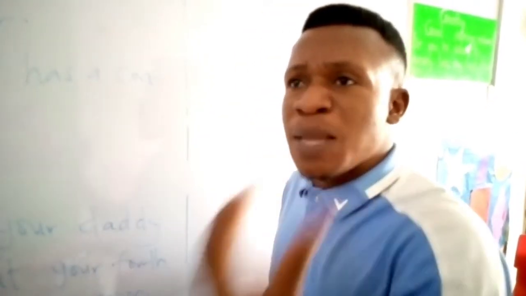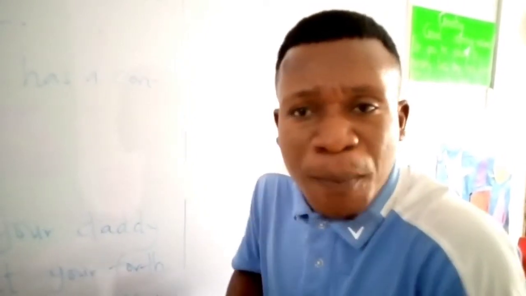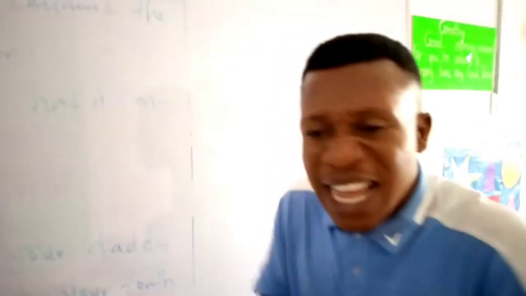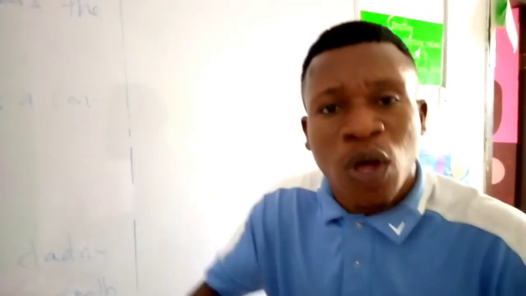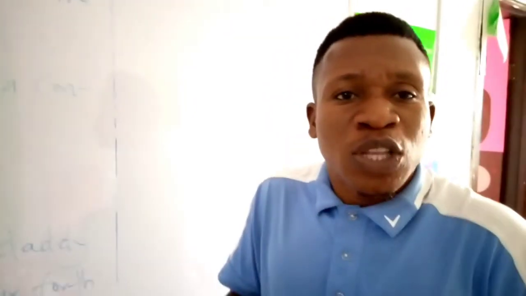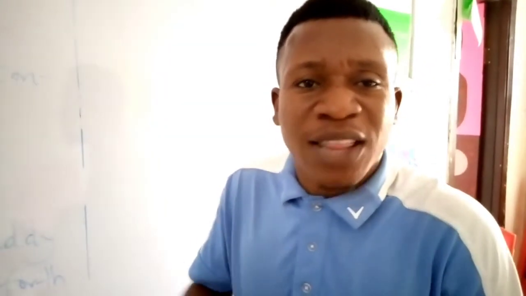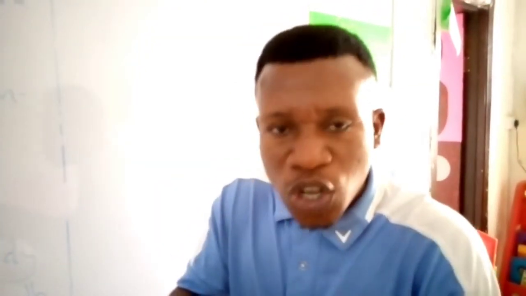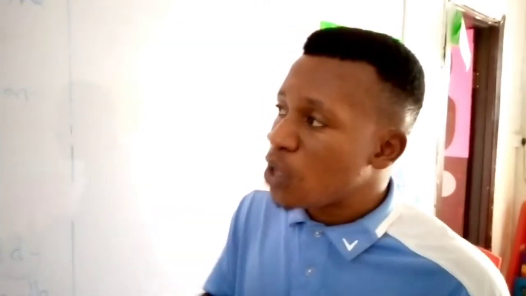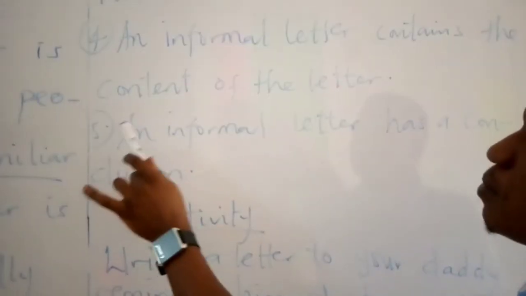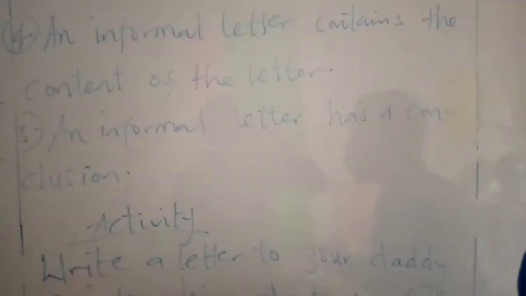Is your letter talking about an invitation to a birthday party? Is your letter talking about an invitation to a wedding ceremony? These things are the content, the message you are passing across to whomever you're writing to. Fifth, an informal letter has a conclusion.